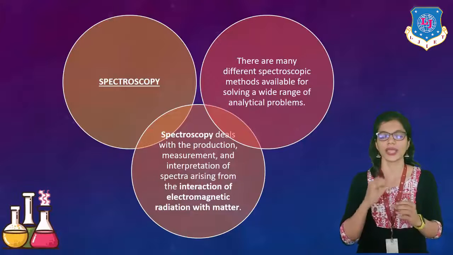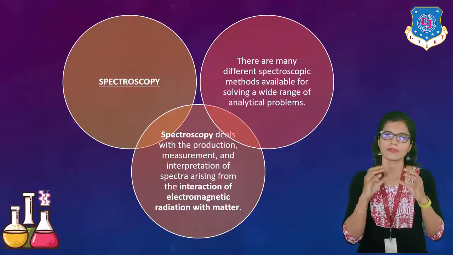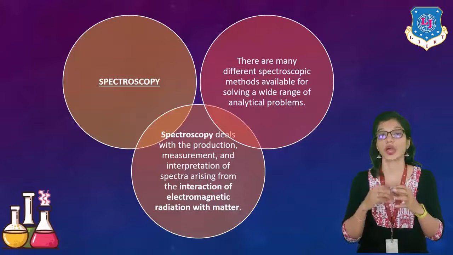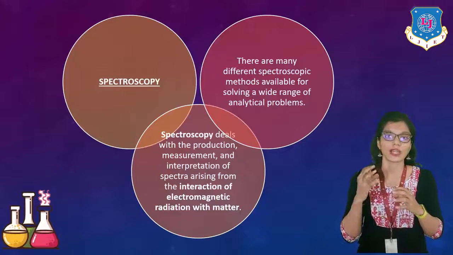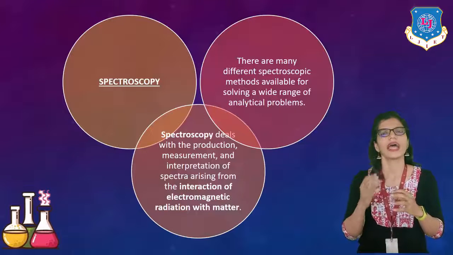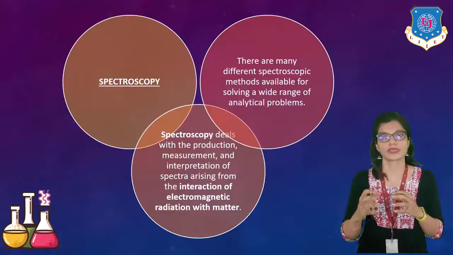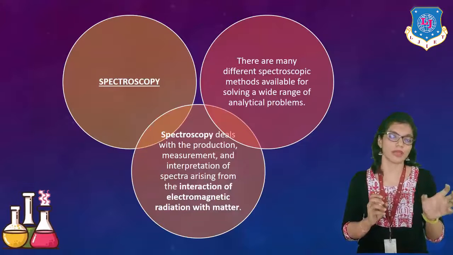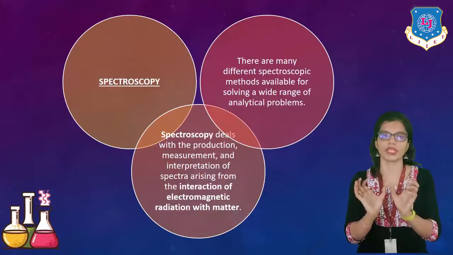When electromagnetic radiation is imparted on any matter, it shows either absorption, scattering, emission, etc. And in that manner it gives rise to the identification of the substance. So identification of a substance basically depends upon what? The matter and the electromagnetic spectrum. These are the two things involved in it.